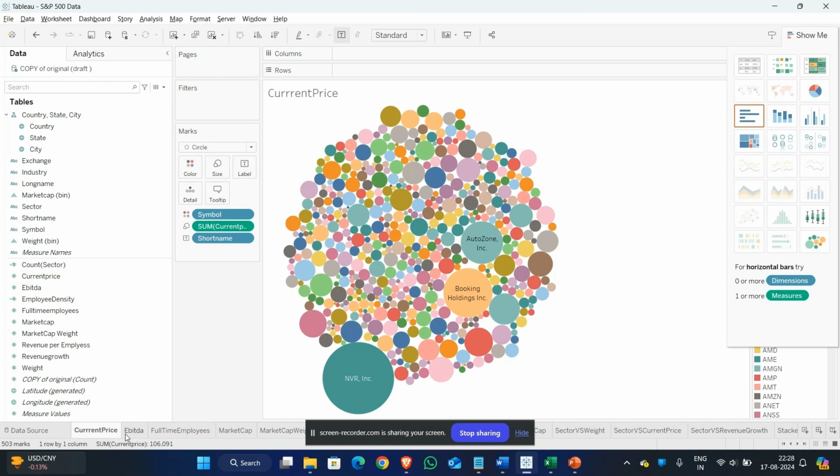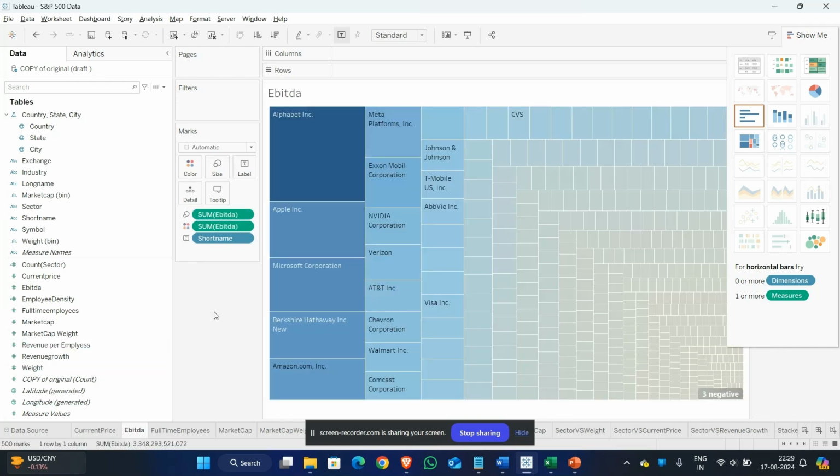Next, we go to the earnings before interest and tax analysis, where I have used a tree map to draw this visualization. You can click on tree map right here and drag the EBITDA column to the size and label it using the short name of the companies.